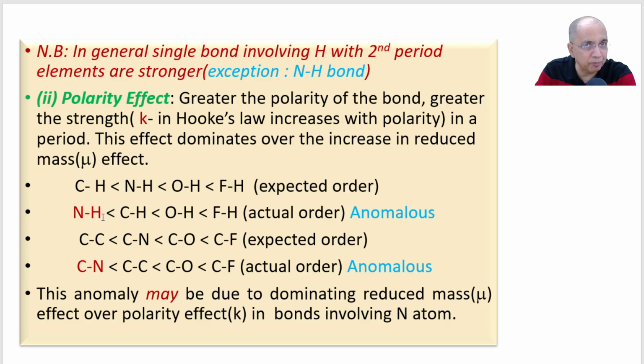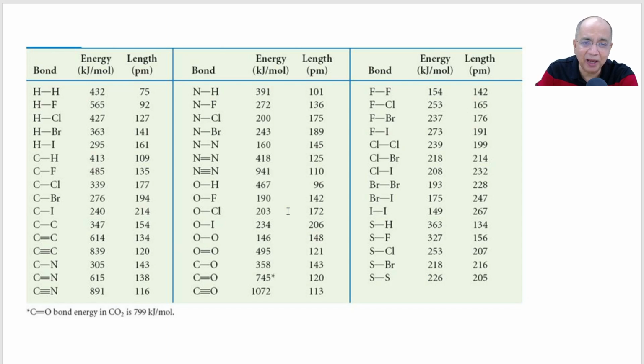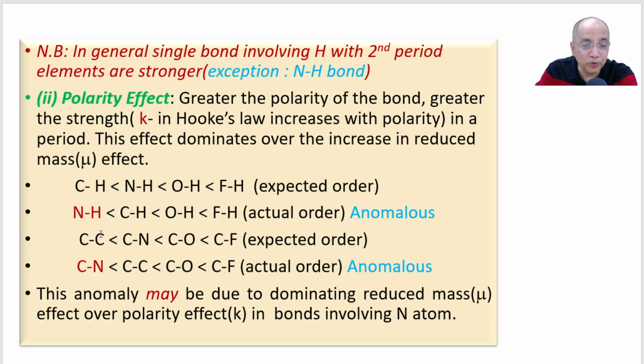That anomaly, you have to remember, is that NH, instead of being second from the lowest, is itself the minimum. Then others are according to our expectation of polarity. Now, why is the NH bond weaker? You can have a look. Here it is NH 391, while CH is 413.